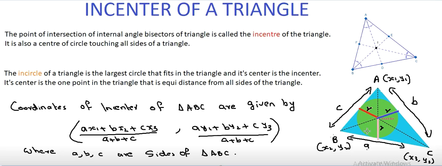That is, if two points are given, then the distance between them can be found using the distance formula, and AB will be the length of the side of the triangle ABC. So, if A and B are given, then AB can be found using the distance formula. Similarly, we can find the other sides also using the distance formula, and then we can apply this formula to find the incenter of the triangle.